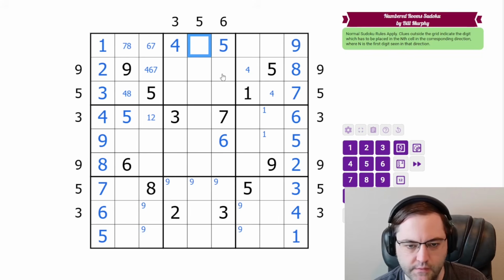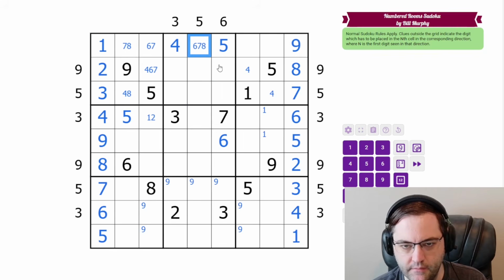There's probably some basic Sudoku that I'm missing, but we'll look at this now. This cell can't be 2 or 3 because 5 can't go in the second or third position. So it is 6, 7, or 8. Which means it is in one of these. It can't be in the 7th position either. So it's in one of these. We can't resolve that now.